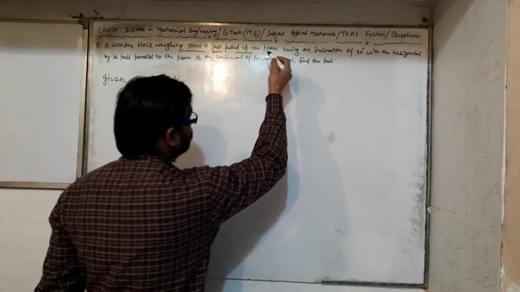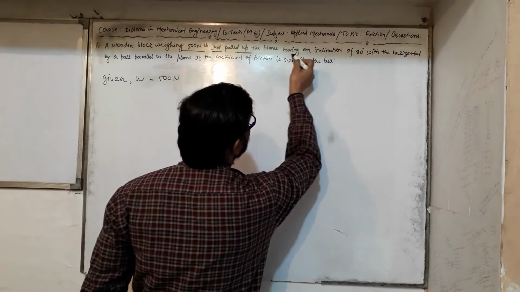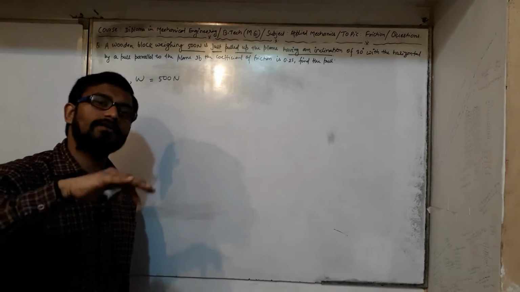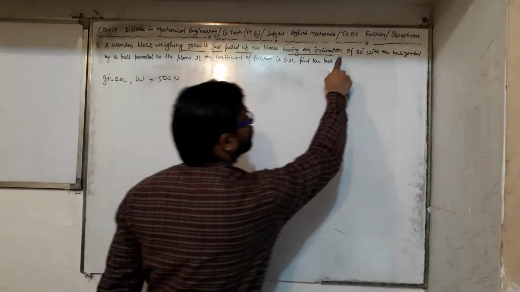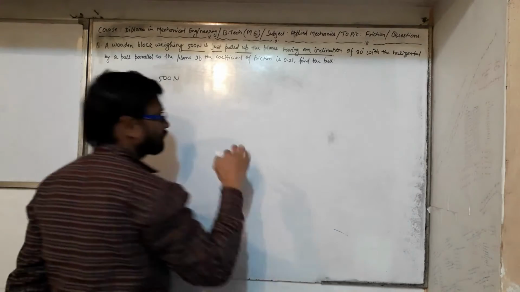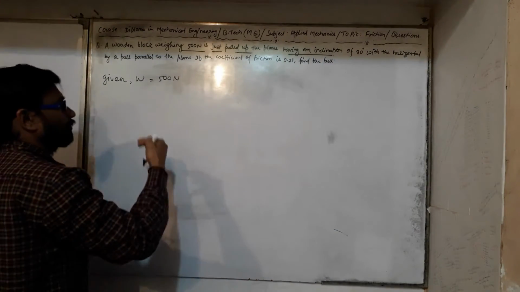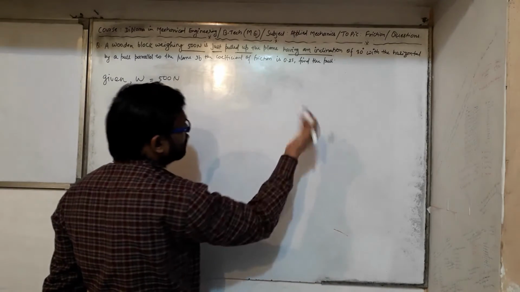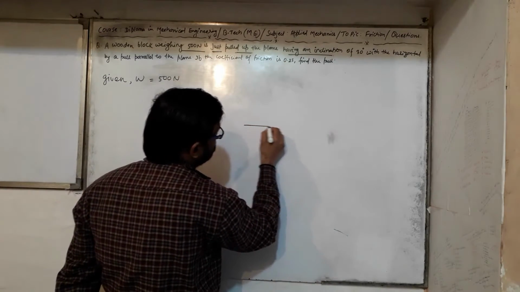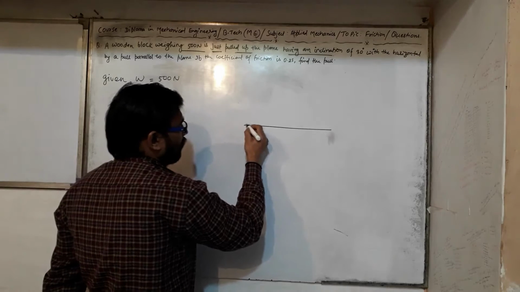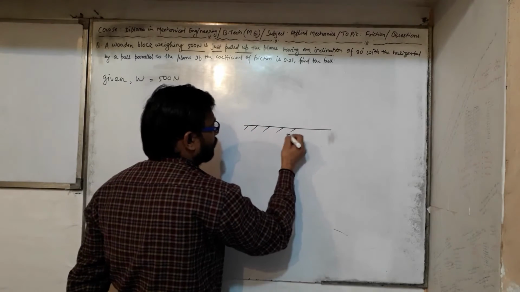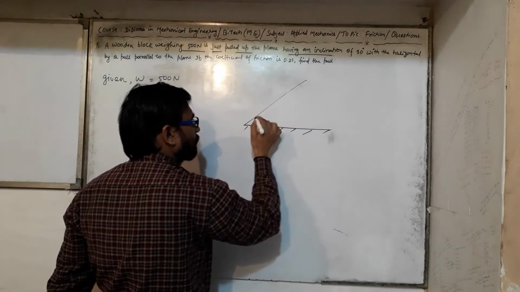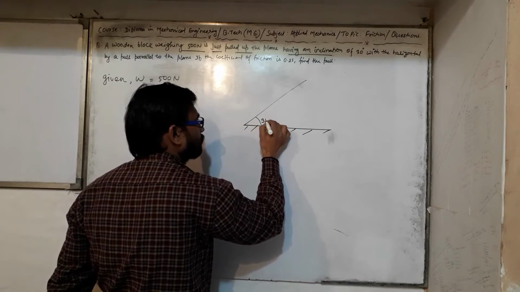Again, the plane has an inclination. The wooden box is on a plane inclined at 30 degrees with the horizontal. So I am going to draw the figure simultaneously. Here is a horizontal plane and an inclined plane making an angle of 30 degrees.